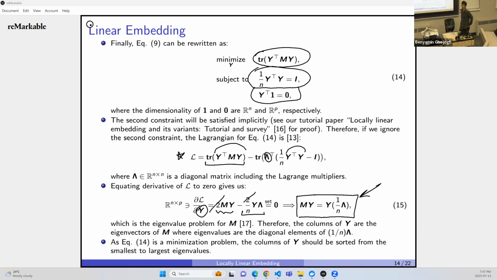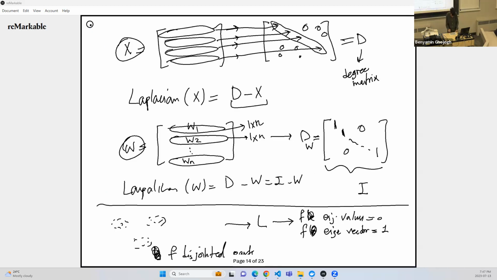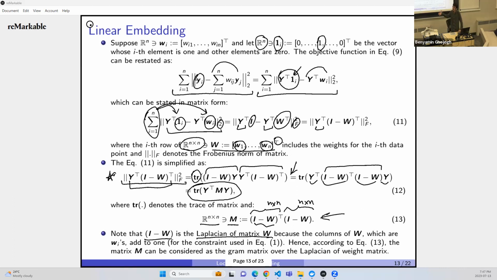This is an eigenvalue problem for matrix M, where 1 over n lambda are the eigenvalues. According to the lemma in graph theory, which I mentioned, y are the eigenvectors of matrix M. And we saw that matrix M is related to the Laplacian of W. We assumed that we chose K so the graph of data is connected.